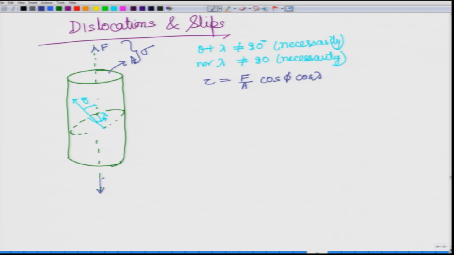You should be able to see that directly, it is not very difficult to come to this conclusion that the resolved shear stress acting onto this particular plane because of this acting force is F by A cos phi cos lambda, and we have already said that F by A is sigma. So, the shear stress acting onto this plane is equal to sigma cos phi cos lambda.